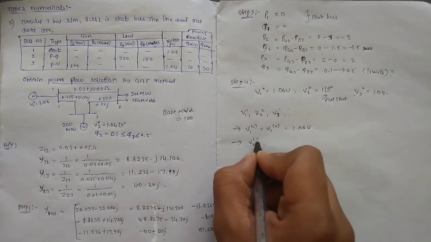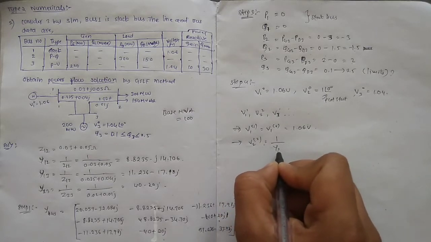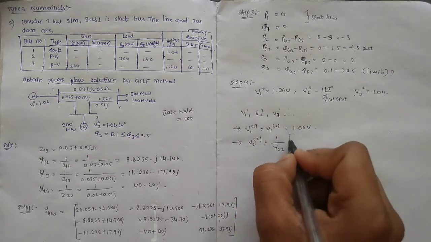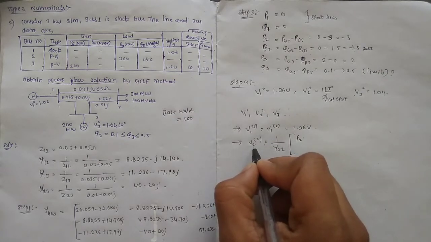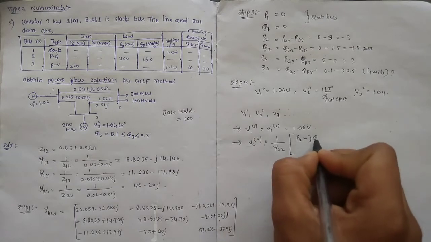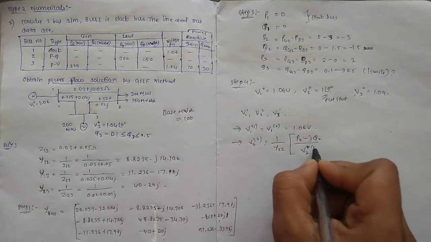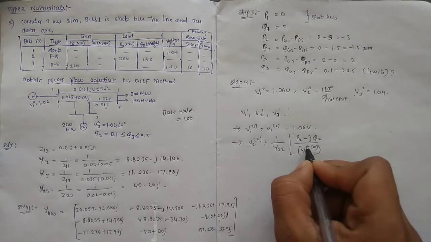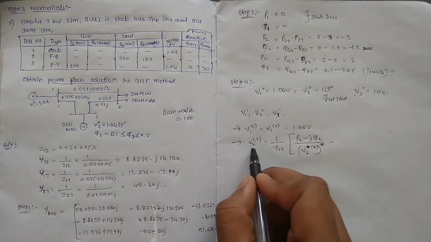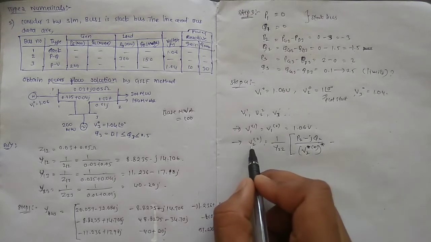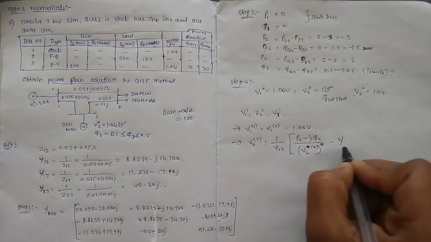Now V2(1): this is the formula, since we are at the second bus, 1 divided by Y22 in the bracket of P2, since we are at bus 2 only, P2 minus jQ2 divided by V2(0) complex conjugate, minus, since we are at bus 2, we need to write the Y elements of bus 2.